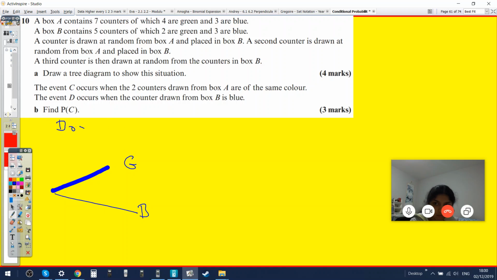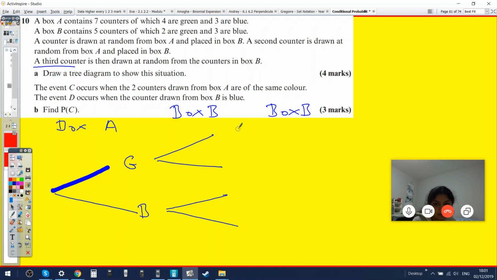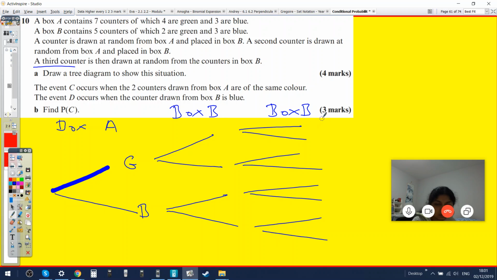This is box A. So the first part we were okay for, and then this is box B, and then the part that I missed, a third counter is then drawn at random from box B, given box A and box B already. And these are green, blue, green, blue.